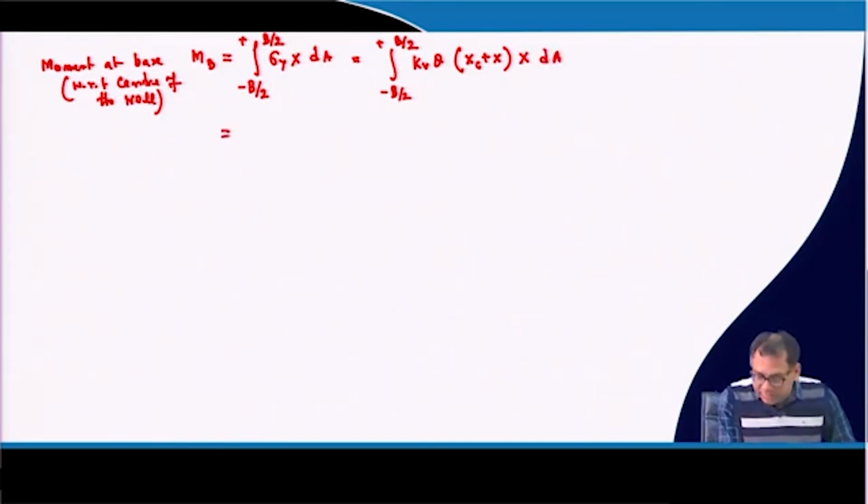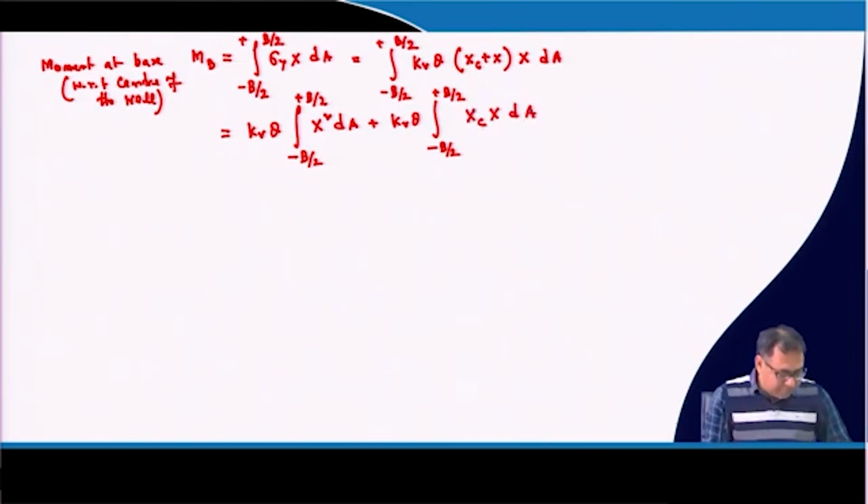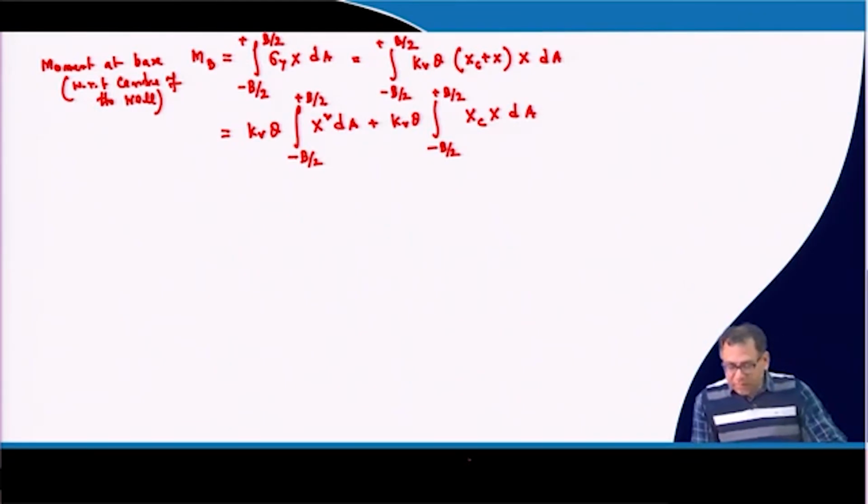Or we can take kv theta outside, then this will be minus b by 2 to plus b by 2, x square dA, plus kv theta, minus b by 2 to plus b by 2, xc x dA.